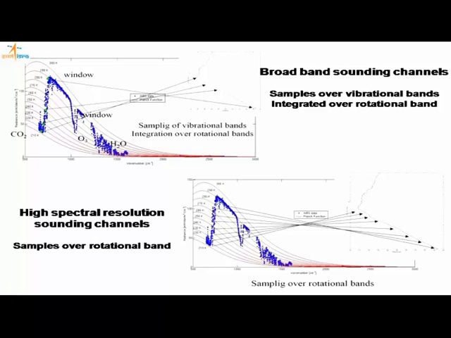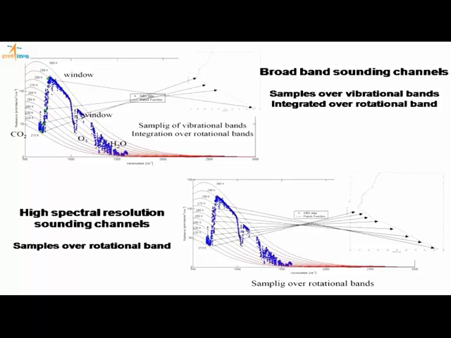Basically we are sampling different parts of the atmosphere. This part of the band is sampling the Earth's surface, and the absorption at the center of the absorption band is making observations at the tropopause. So basically we have only 3 to 4 observations for atmospheric profile measurement.